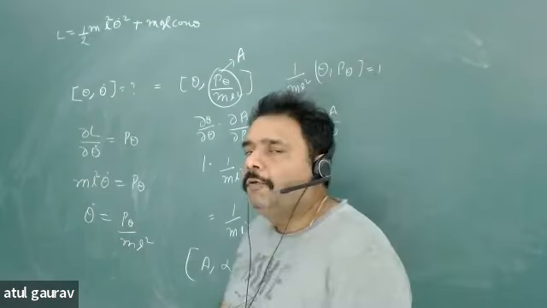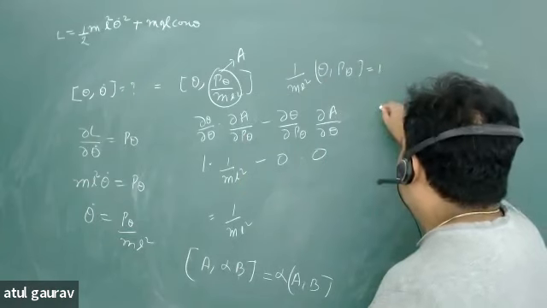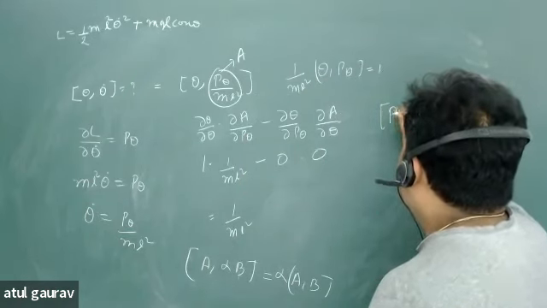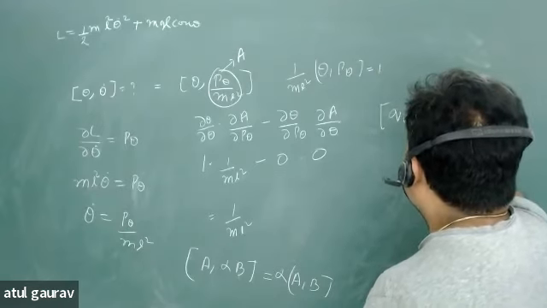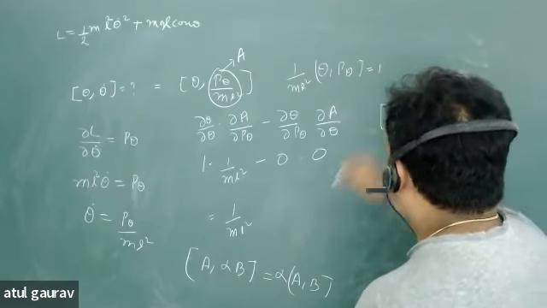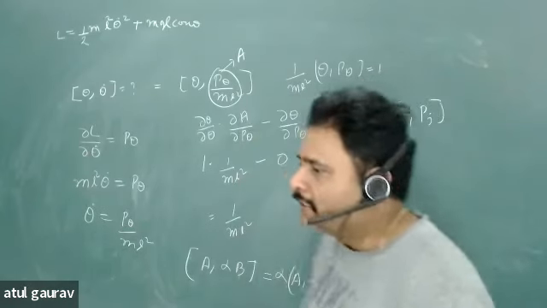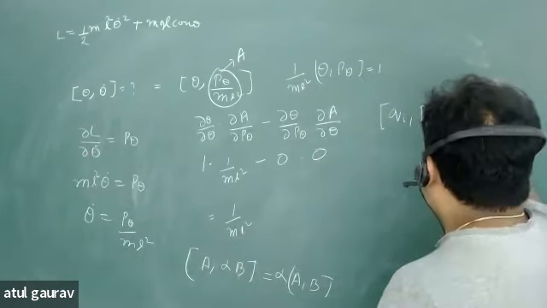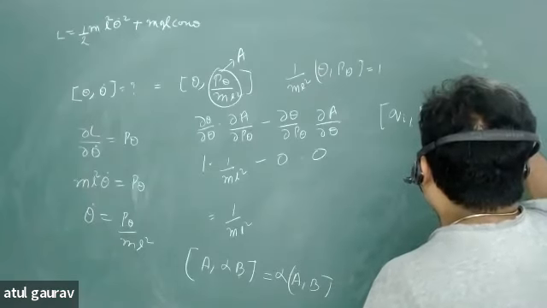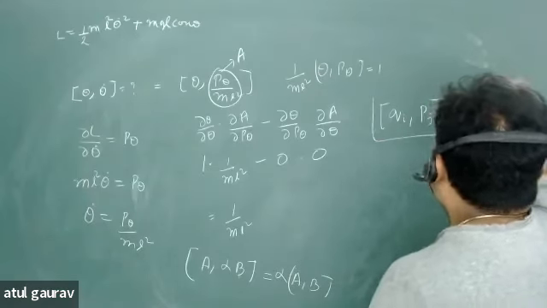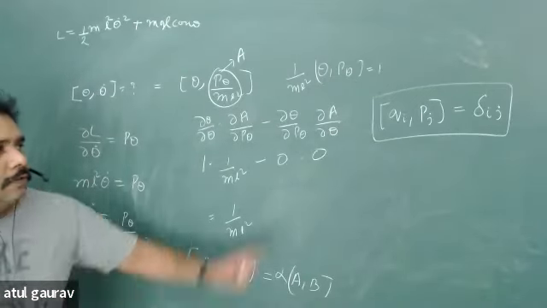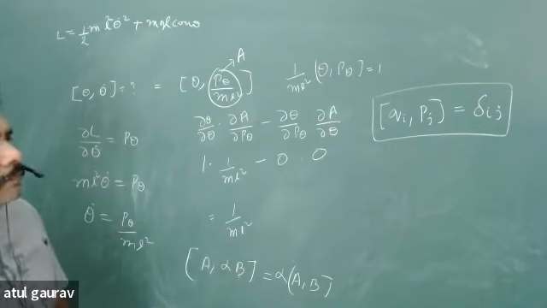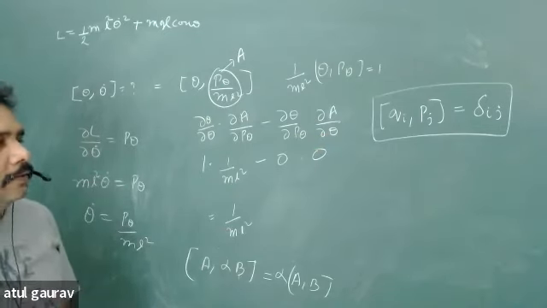So you have to always keep in mind: what will be q_i and p_j? If q_i is a generalized coordinate and p_j is the generalized momentum, then the Poisson bracket of q_i and p_j is actually delta ij. You can easily figure it out. Okay, this is a very famous thing. What is the meaning of that?